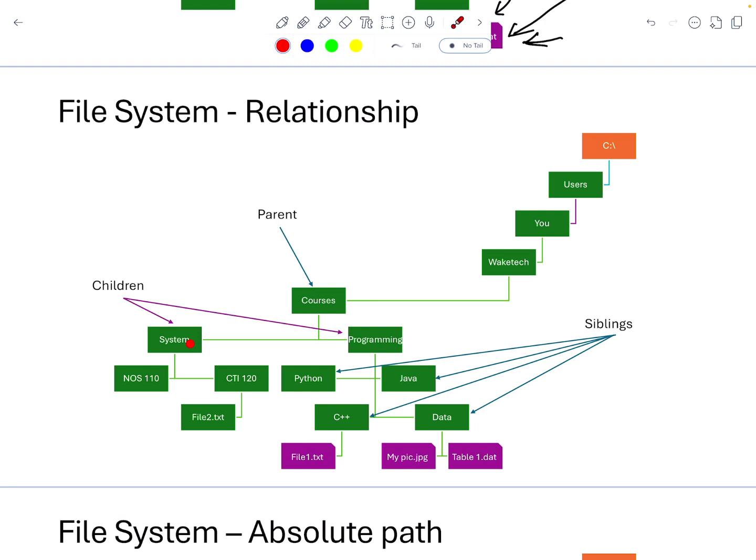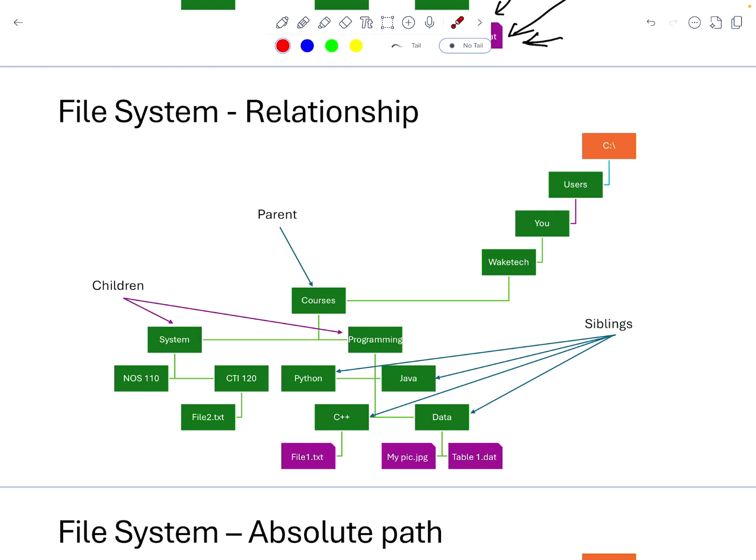If you have multiple children for a single parent, all those children are called siblings, and they should be at the same level. If they are at different levels, they are not going to be in a parent-child relationship. So it's obvious.